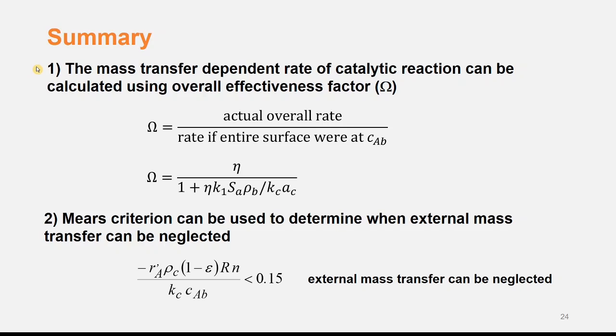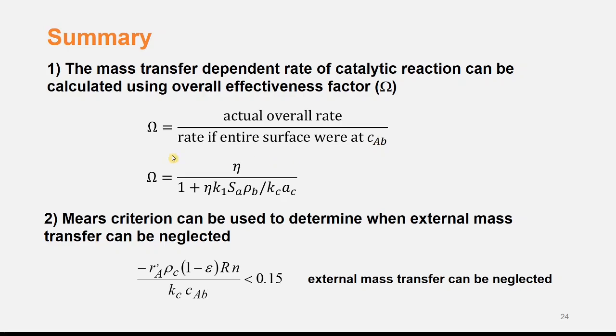To summarize, in this lecture, we looked at the effects of external mass transfer on the overall reaction rate of catalytic processes. This can be represented by the overall effectiveness factor omega, which is the actual observed rate divided by the rate that you would get if the entire catalyst surface were exposed to the reactant at the bulk concentration CAB.